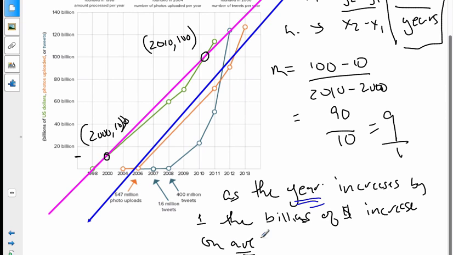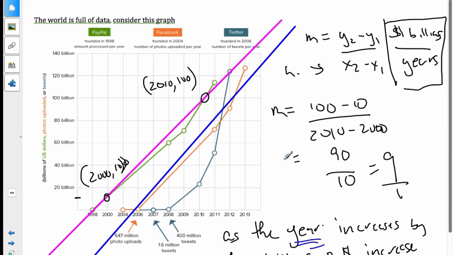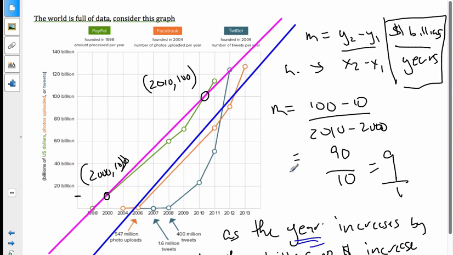That's an important word, average, by 9. So as the year increases by 1, the money increases by 9 billion on average. So each year it's getting more and more by $9 billion. That's quite a substantial increase. I think I'd like to have PayPal. All right, so that's how we can do these contexts.